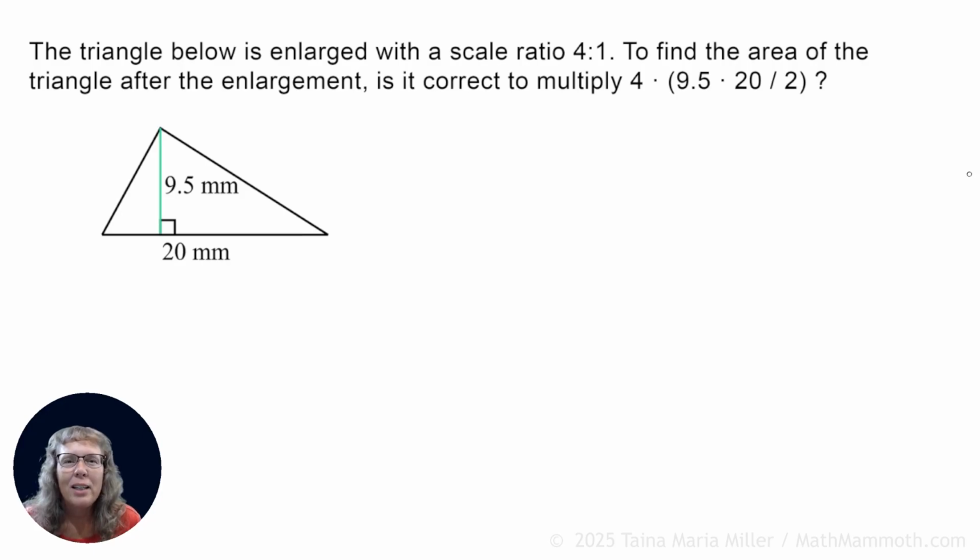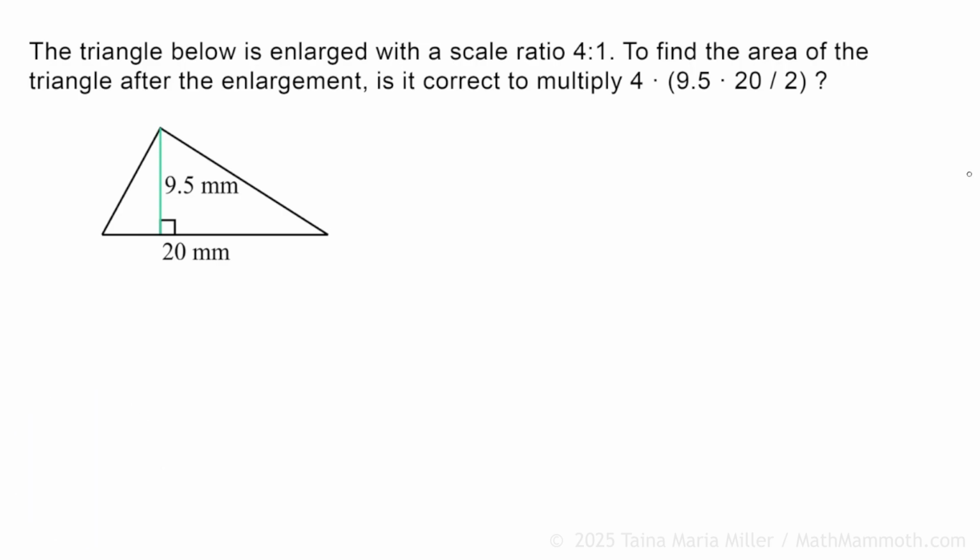Okay, here we again take a triangle and enlarge it with a scale factor of 4 this time. And here's a calculation how to calculate the area of the resulting triangle. Is it correct? We're going to enlarge this triangle with a scale ratio of 4 to 1. And then, to find the area of the resulting triangle, is it correct to multiply 4 times this divided by 2?